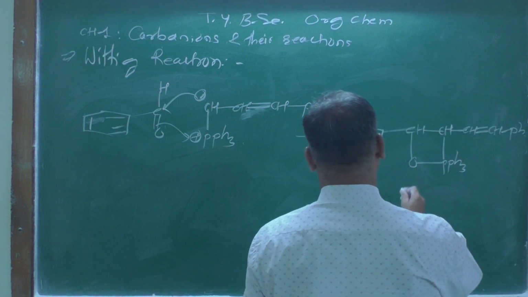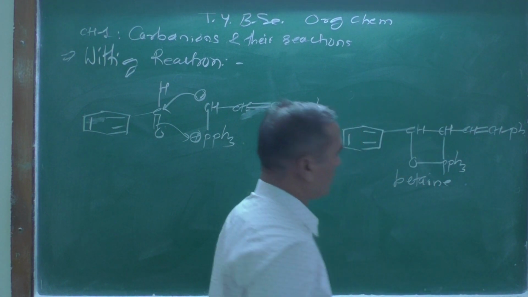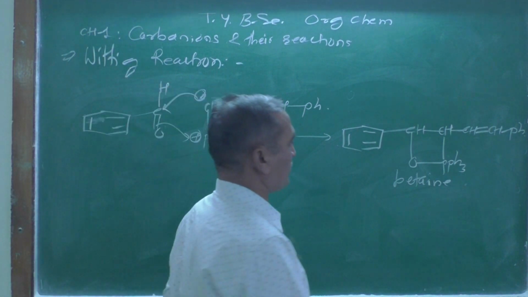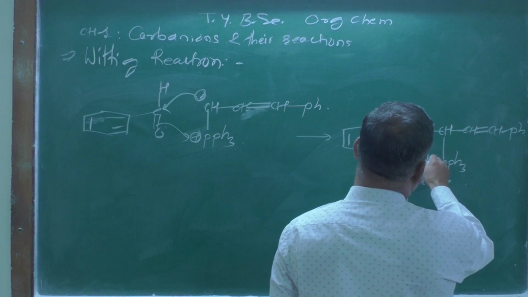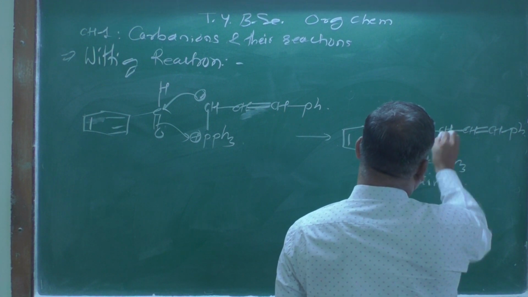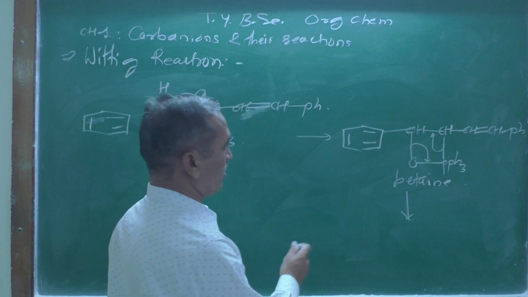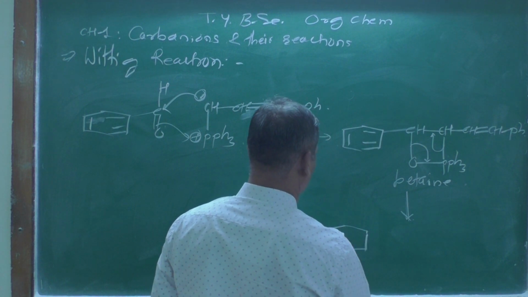Now this is called the betaine intermediate form. This is a betaine once again, and after that the betaine is unstable, it opens up like this, the sigma bond breaks and forms a double bond, and the resulting desired compound is obtained.